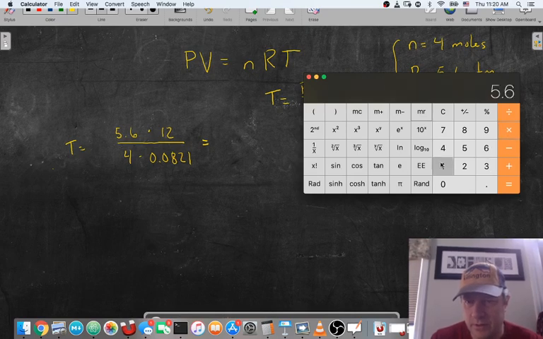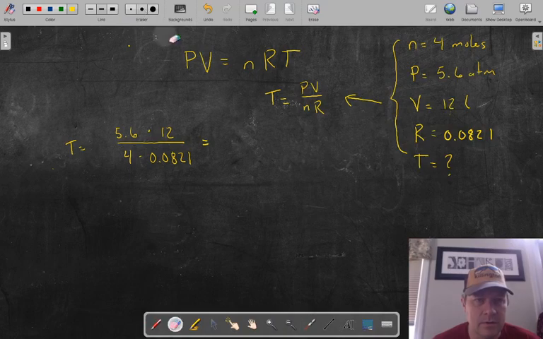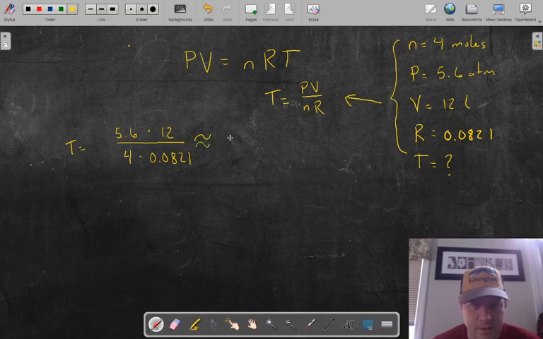Then 5.6 times 12, divided by that, is going to give me 204.62. So my temperature is going to be 204.6, about 204.6 Kelvin. And that's my answer.